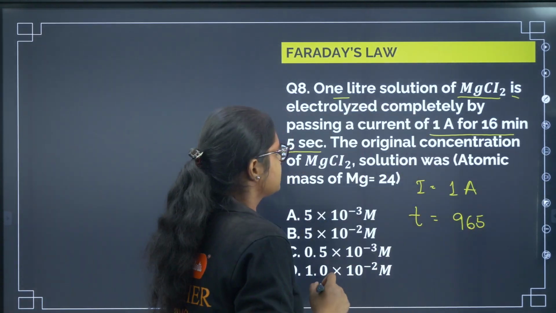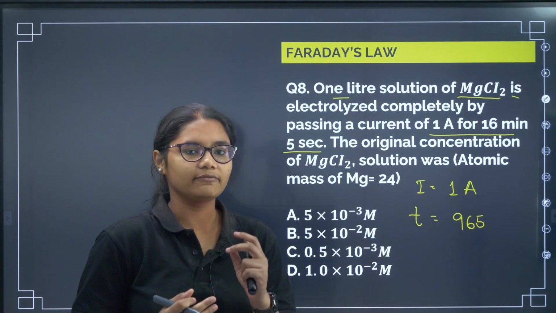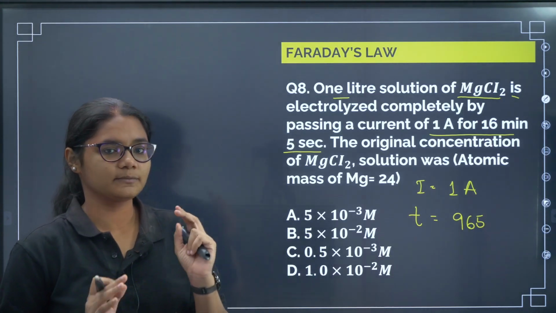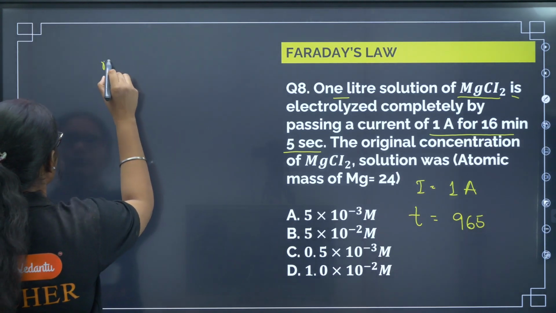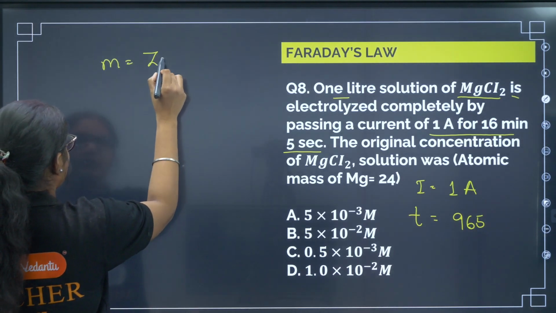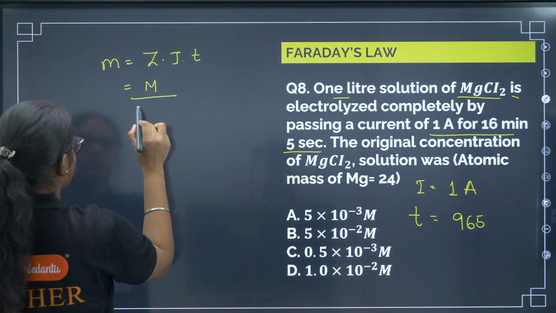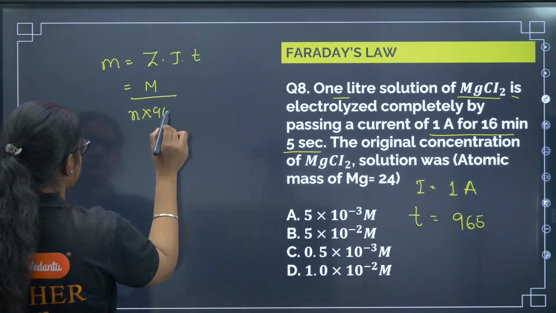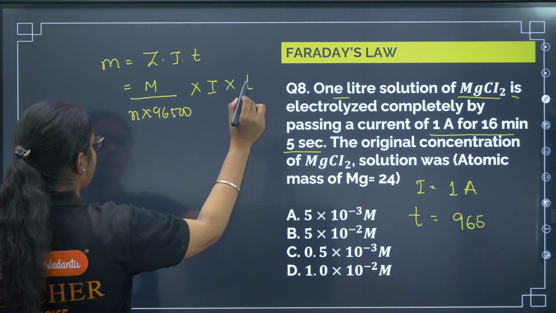Next, original concentration of MgCl2 solution was... We have to just calculate how much magnesium is deposited. So we have this formula, m is equal to Z into I into t, and what is Z? Molar mass by n into 96500, into I into t.